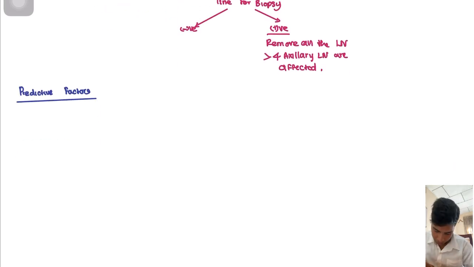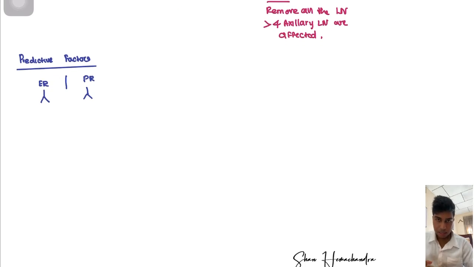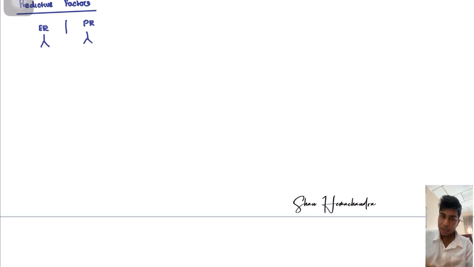Okay, so we take these cells and we search for these estrogen receptors or the progesterone receptors. So if estrogen receptors are present, that means tamoxifen will work. It will help inhibit the growth of these cells. Okay. The other one is by doing genetic screening.